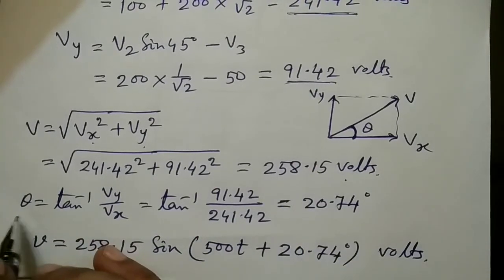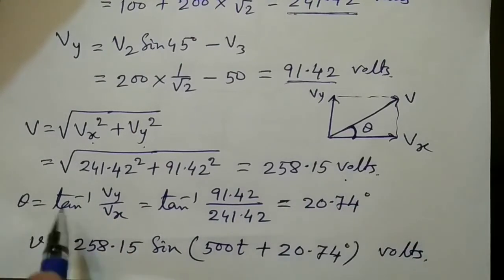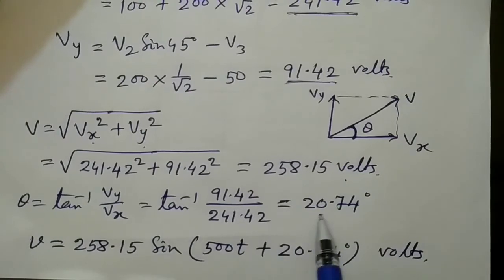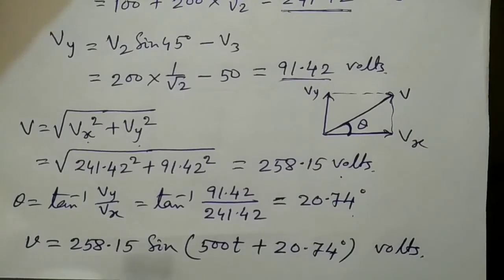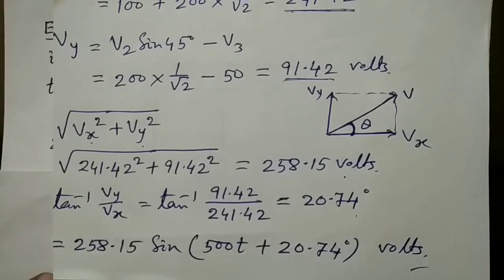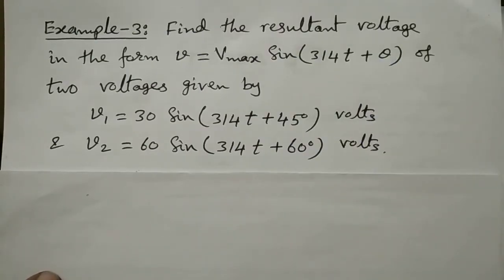And also the angle theta, tan inverse of the y component upon the x component, will be 20.74 degree. And finally the resultant voltage is 258.15 sin(500t plus 20.74 degree). That's all. Thank you.